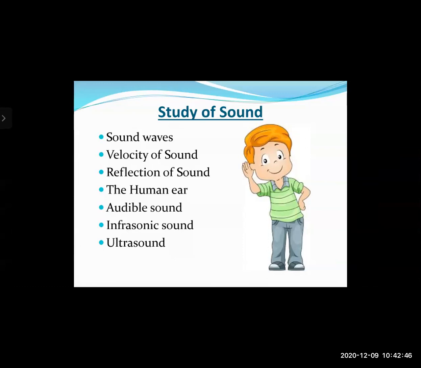Then we are going to study the various forms of sound: audible sound, the sound that we can hear, and the other forms, infrasonic sound and ultrasound. And also the various applications where infrasonic sound and ultrasonic sound are used. So let us now move into the concept and start studying about sound.